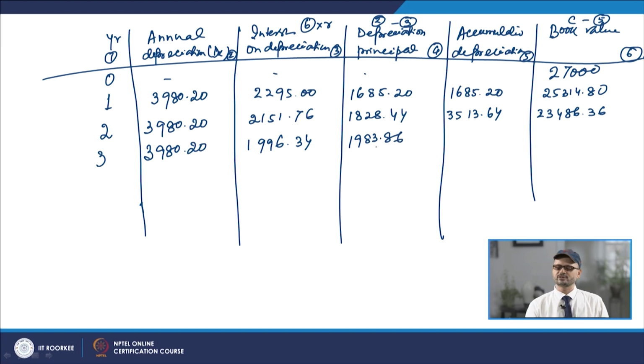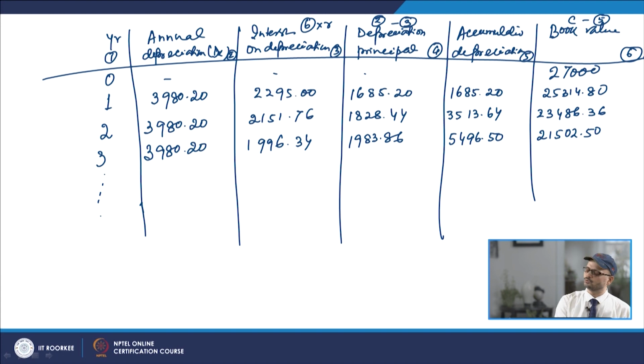The accumulated depreciation will be the further addition of this, so 3513 plus 1983 will be 5497.50. Then 27,000 minus 5497.50 will be 21502.50.